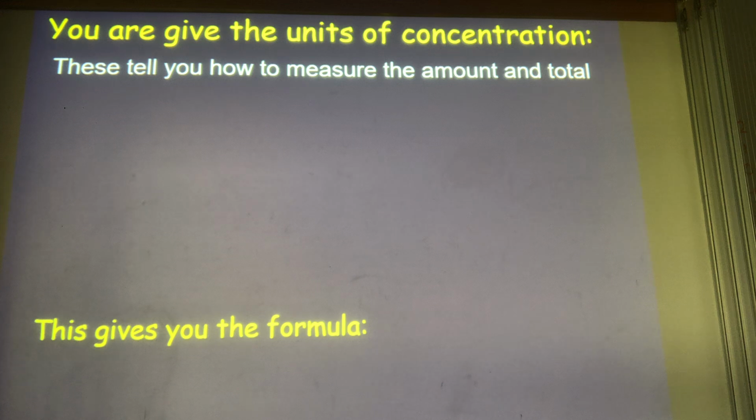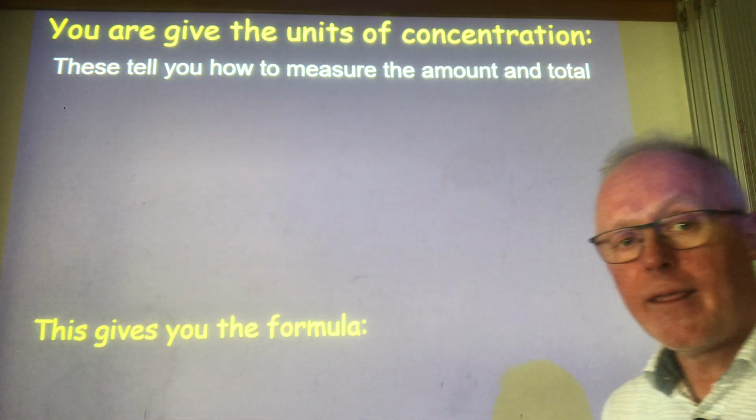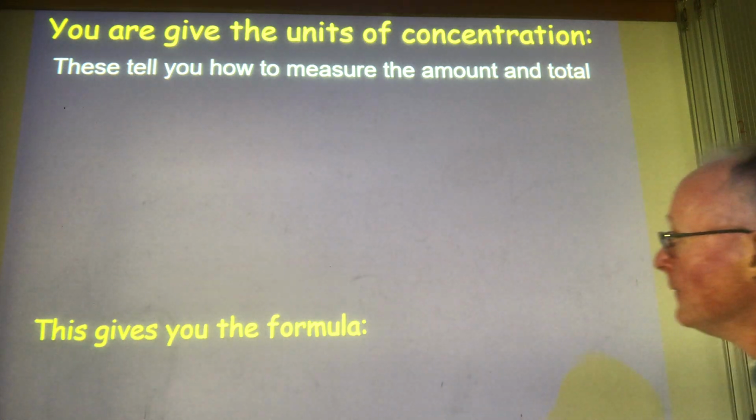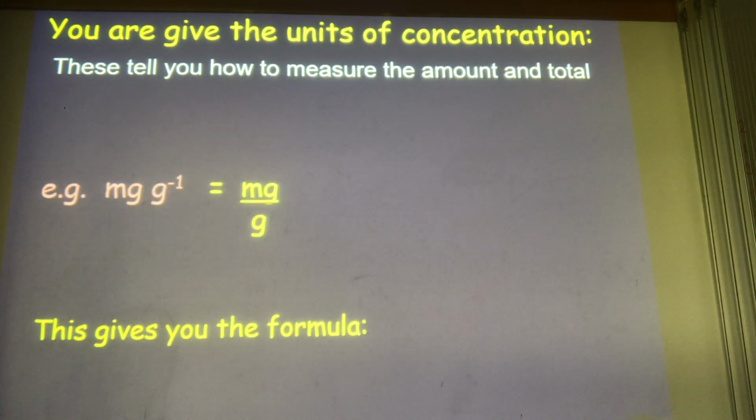So the trick with these is have a look at the units. Every time you're told a concentration, or you're asked to calculate a concentration, you're given the units. And it's those units that give you the formula. That's the magic trick in this stuff that makes it easy.